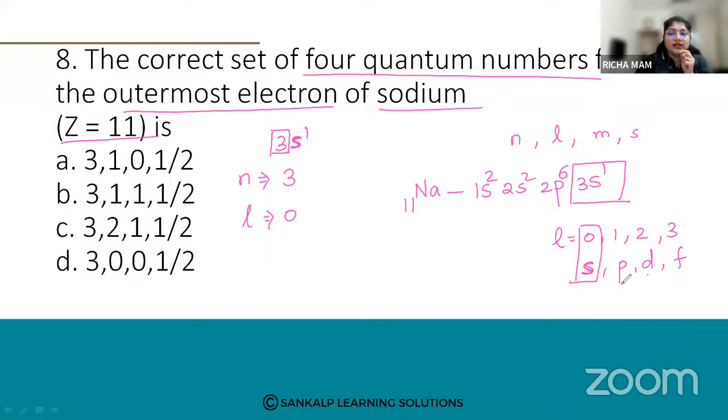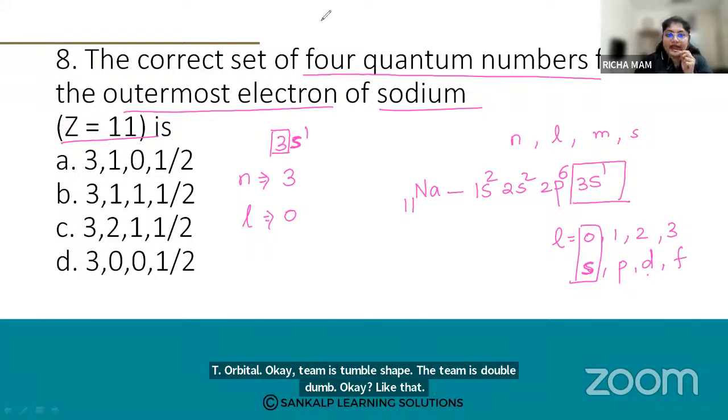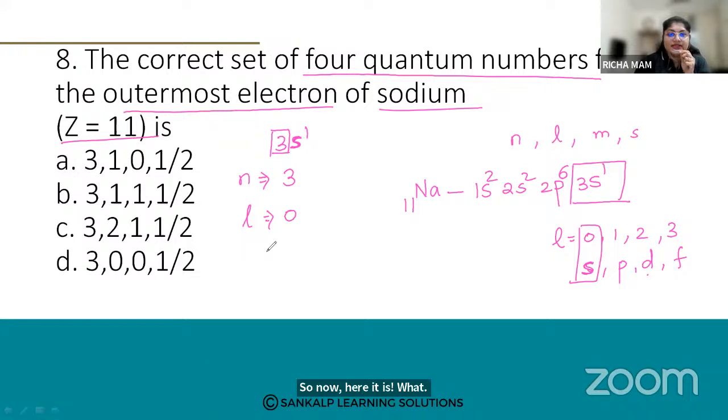P means dumbbell shape, D means double dumbbell shape. Here L is 0, S orbital. Now M is again 0.